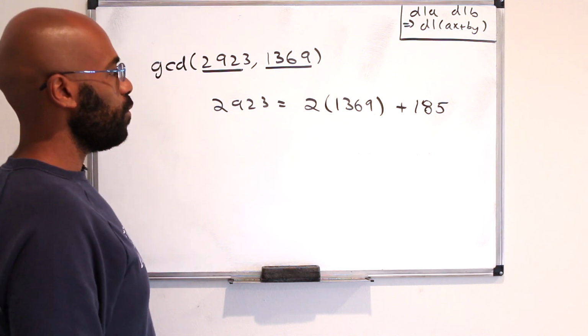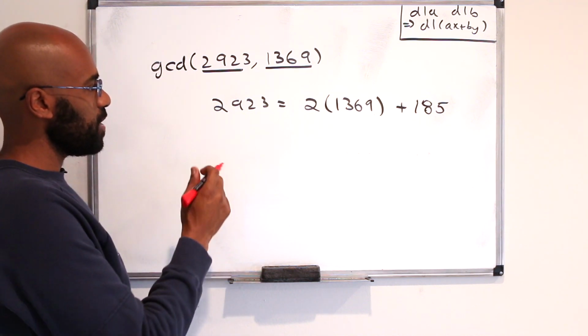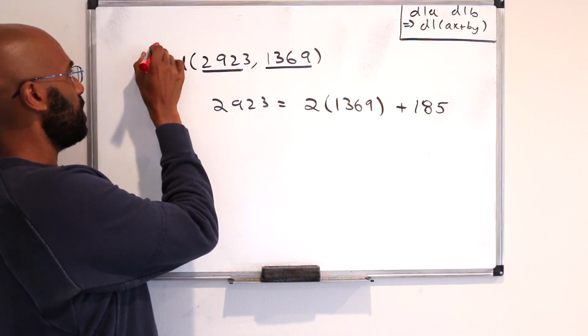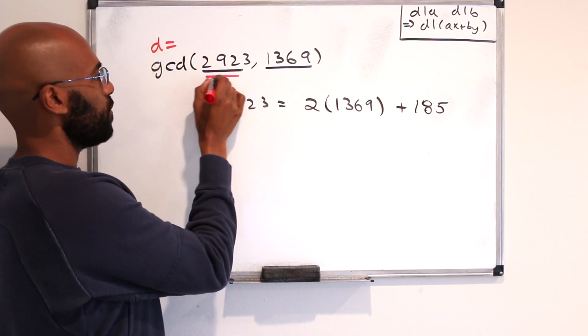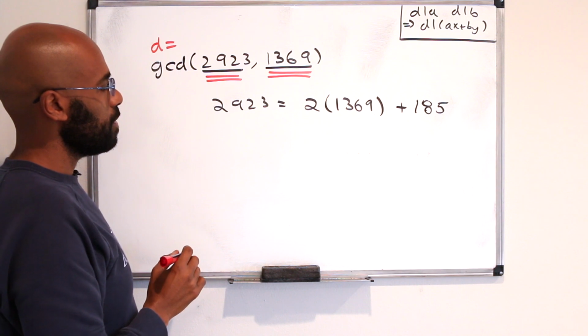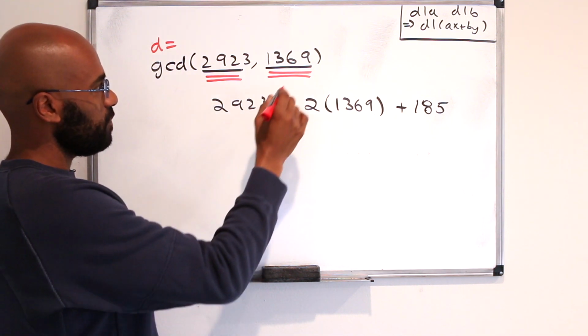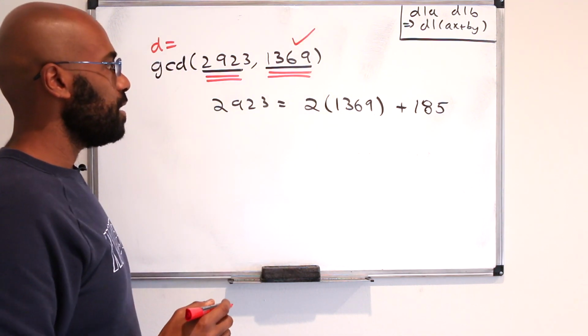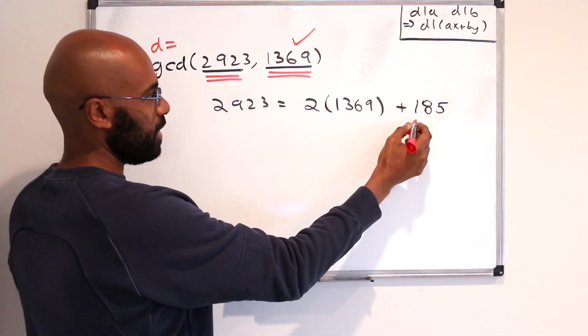All right, so what does this tell us? Well, if you think about a number D that divides both 2923 and 1369, then it definitely divides 1369, and it also has to divide 185.